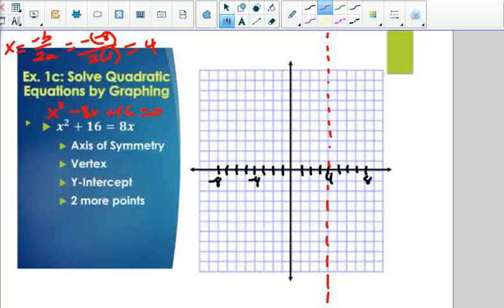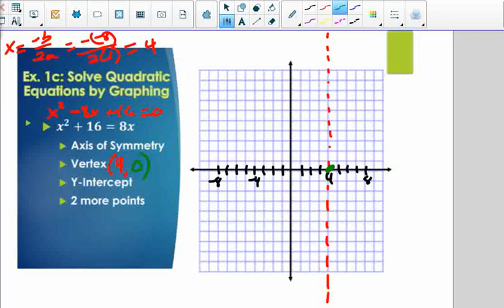So the vertex, if x is 4, what is my y going to be? 4 squared is 16. 16 minus 32 is -16. -16 plus 16 is 0. I have 4 and 0 as my vertex, so I'm going to put a point at 4, 0. So that's the turning point of my parabola.